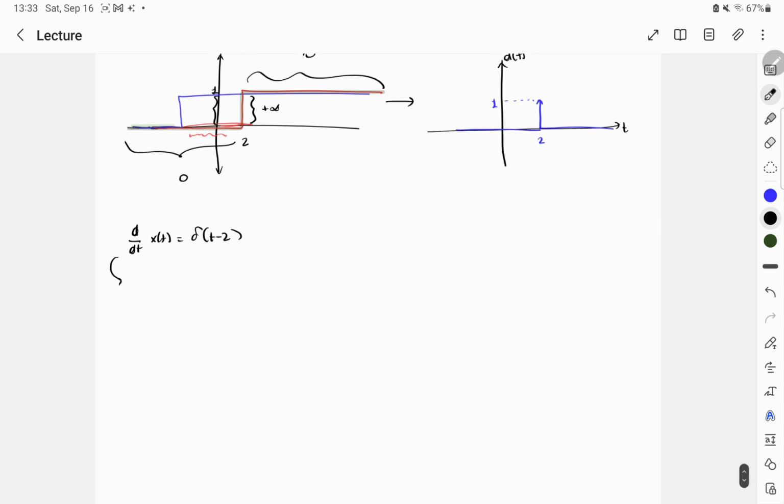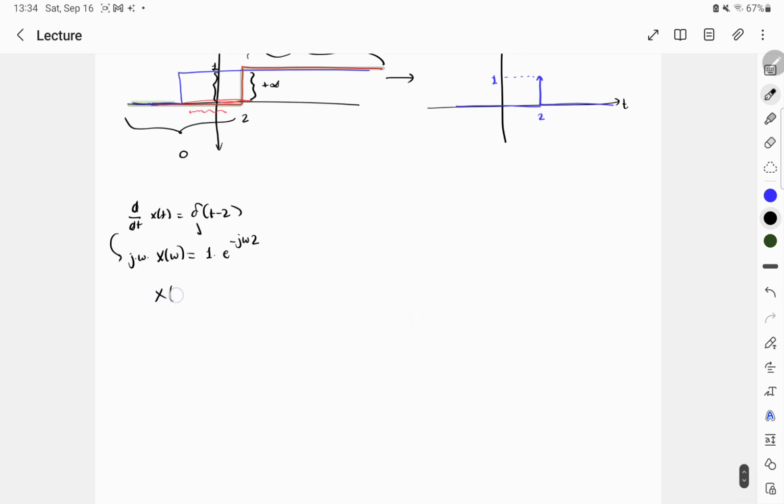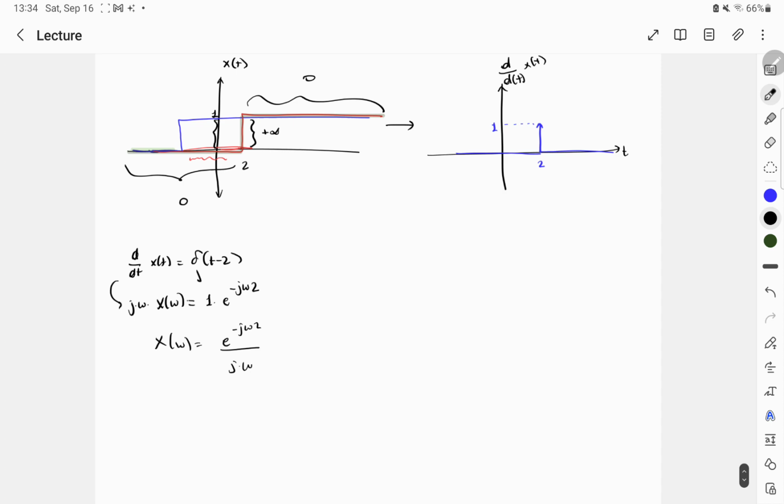Then we find the Fourier transform of both sides, which is j omega times X(omega), equal to the Fourier transform of delta, which is 1, times the time shift, so we multiply with e to the minus j omega 2. However, we are not done because we need to find the DC value.